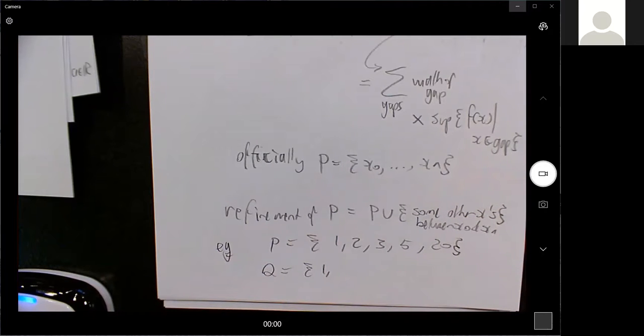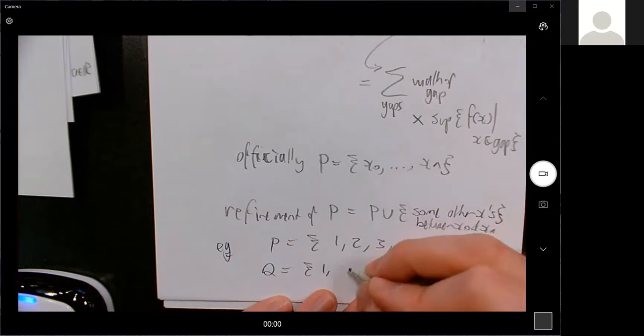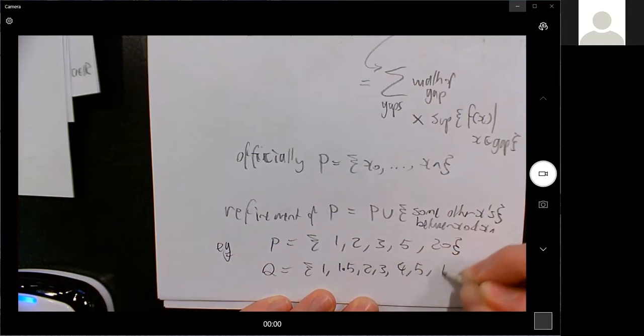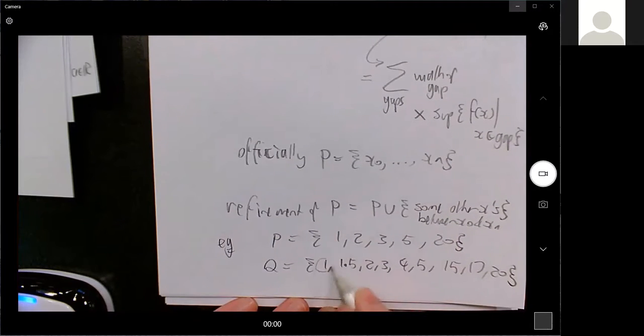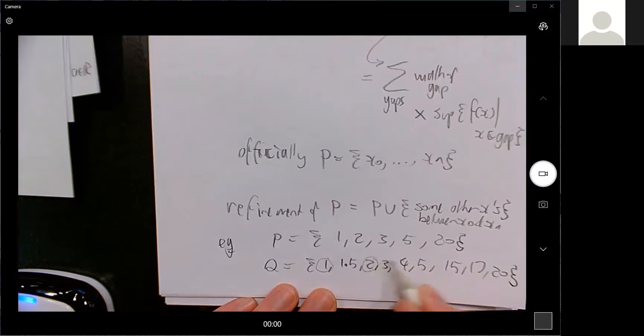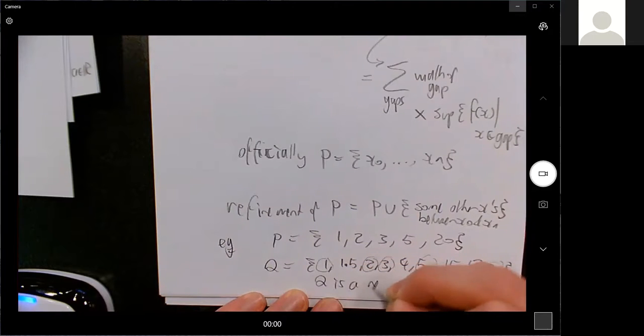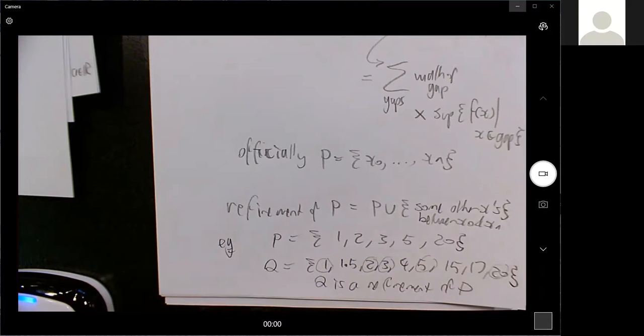Yeah, okay. You can't go further out. So this might be 1, 1.5, 2, 3, 4, 5, 15, 17, 20, something like that. So it's still got the same numbers it had before, and just some extra ones possibly in between. So Q is a refinement of P.